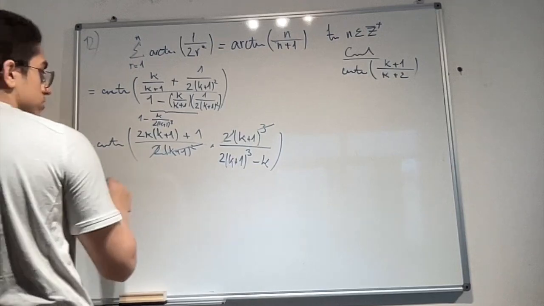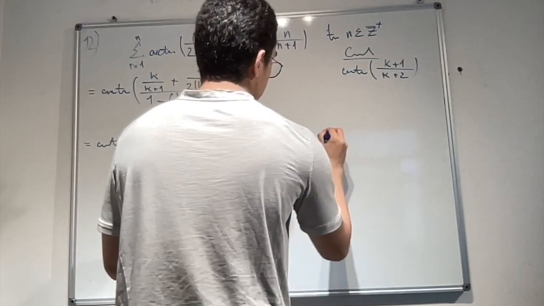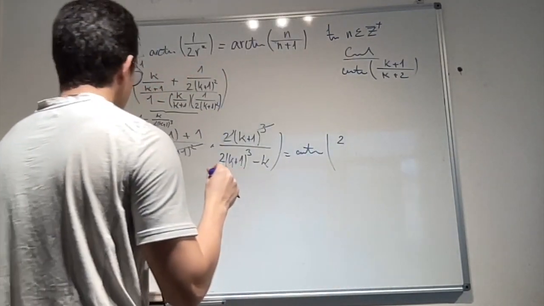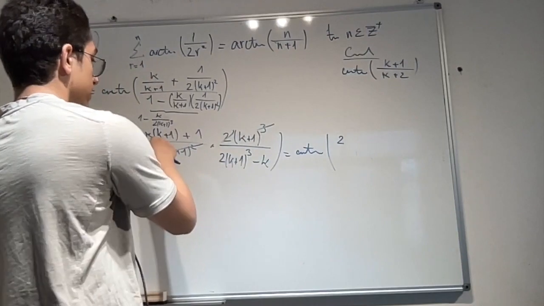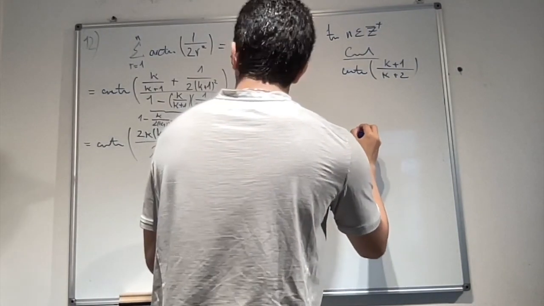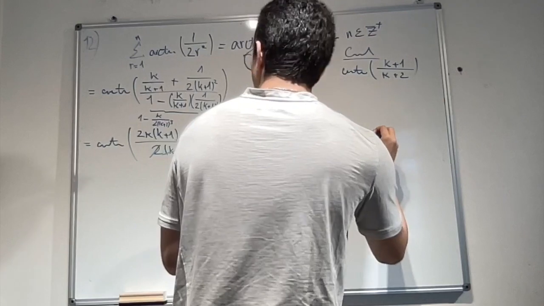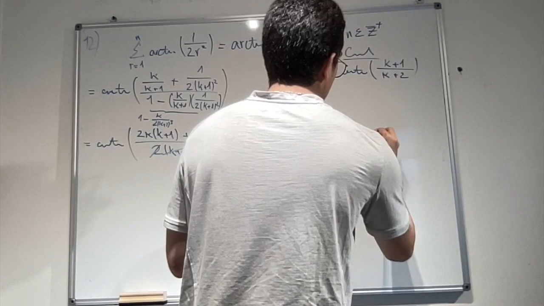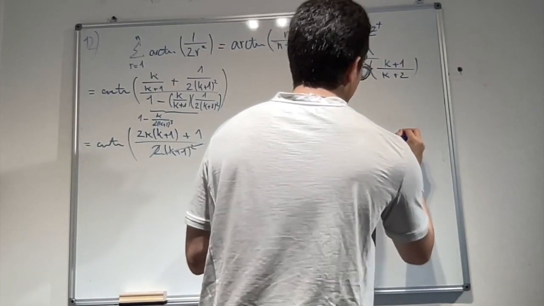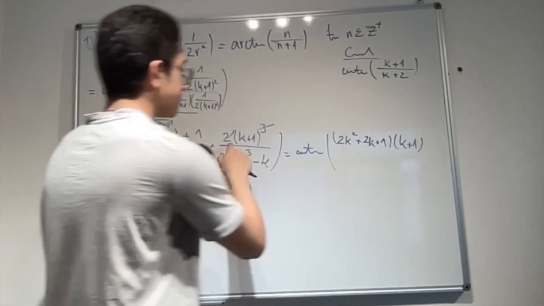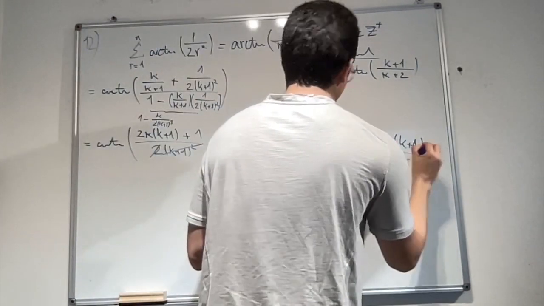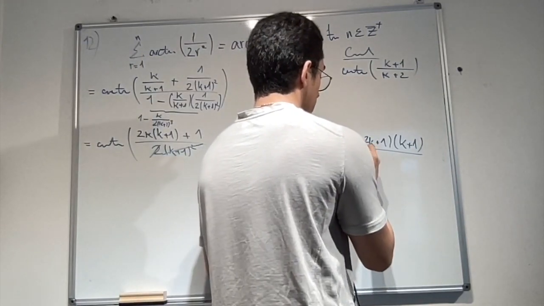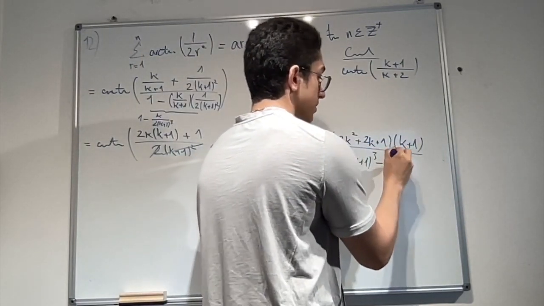Continuing, so this will be arctan of 2, and I'm going to expand this: 2k squared plus k plus 2k plus 1, which is multiplied by k plus 1, right? And divided by 2k plus 1 cubed minus k.